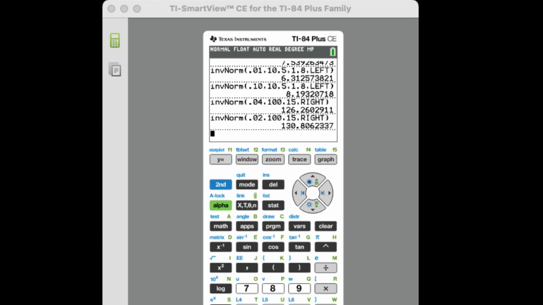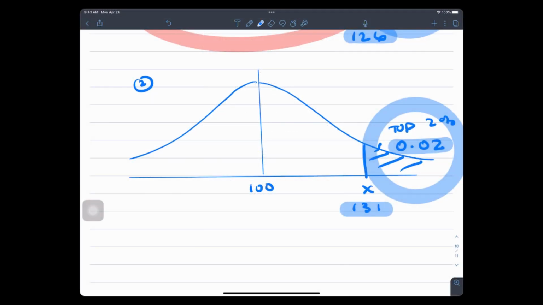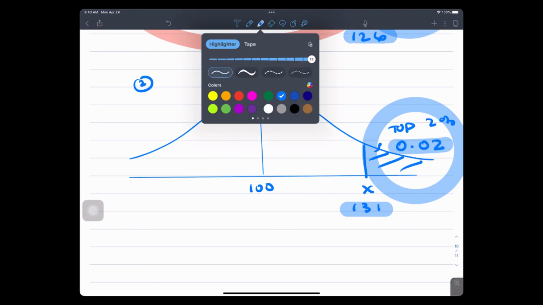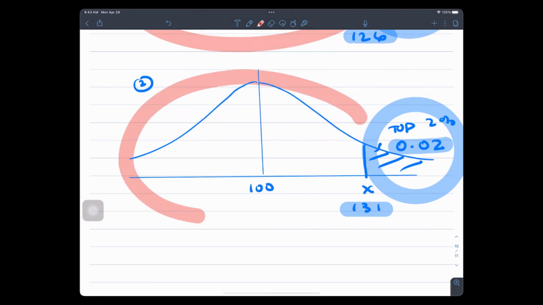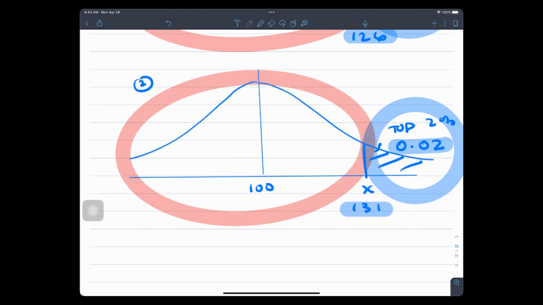If you have the default, what's the complement? 98%, and that's 0.98, for your default.